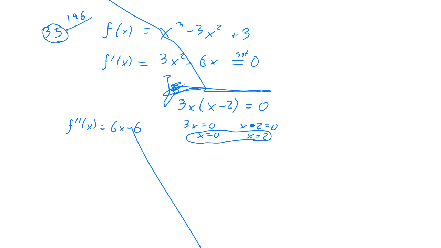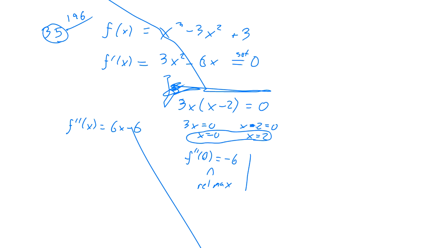If I take the second derivative and plug in 0, that's going to be 6 times 0 minus 6, which is negative 6. That means the function is concave down, since the second derivative is negative, which means this is the location of a relative maximum.